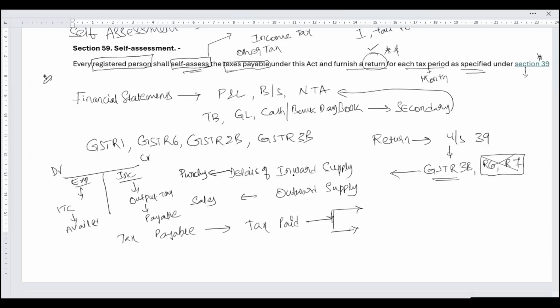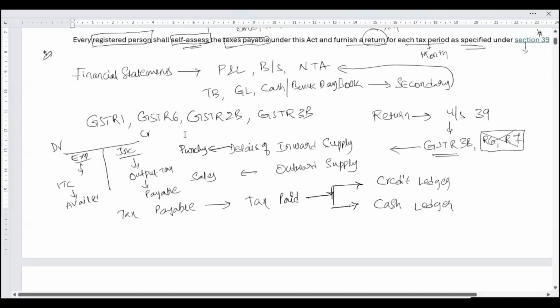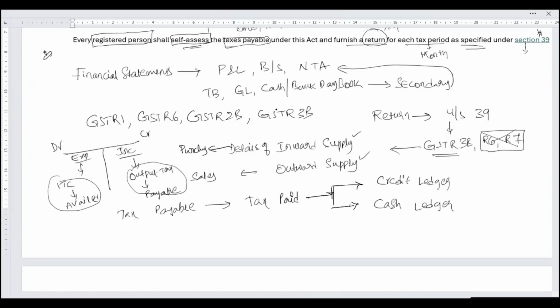I can make the payment of tax through credit or cash ledger. This is a basic understanding of what Section 39 talks about: your inward supply, outward supply. On this inward supply, outward supply, your input tax credit availed and your output tax payable. This is your basic understanding with respect to filing of returns.